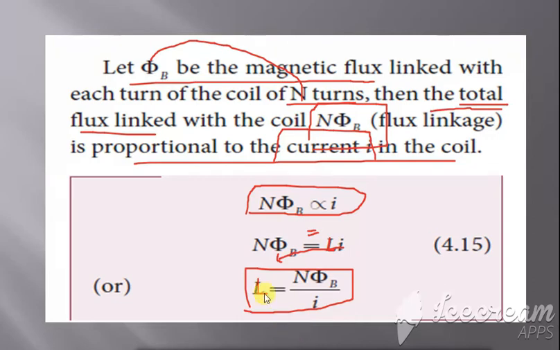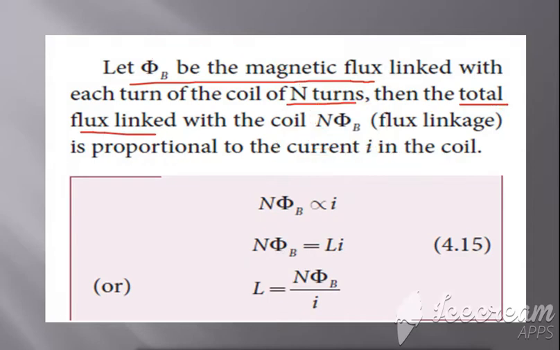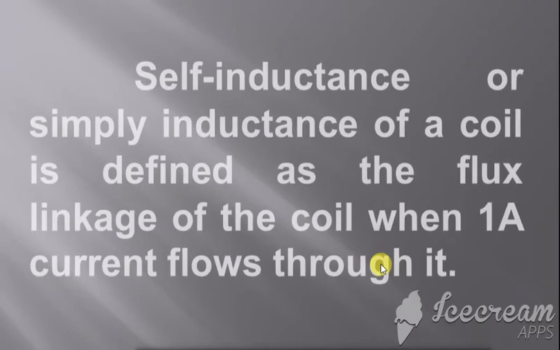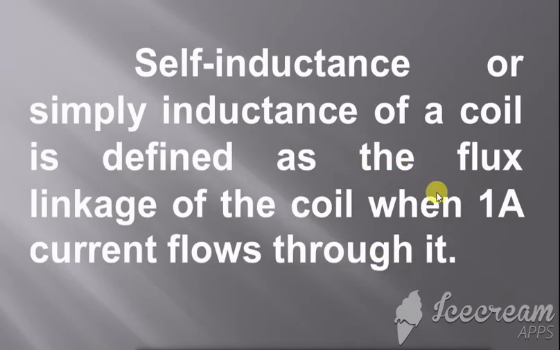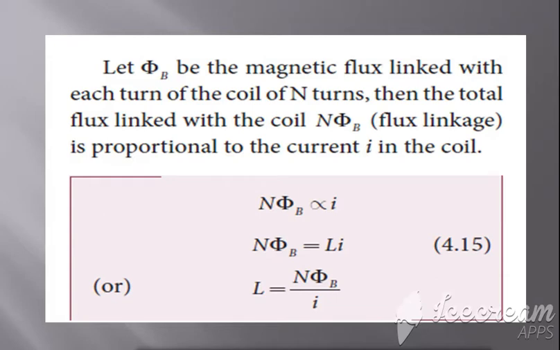Self inductance is denoted by the letter L. Clear with the equation for self inductance? Self inductance is defined as the flux linkage through the coil when unit current flows through it. This is the definition which we are stating with the help of this equation.